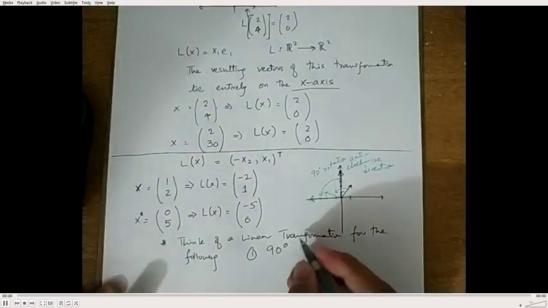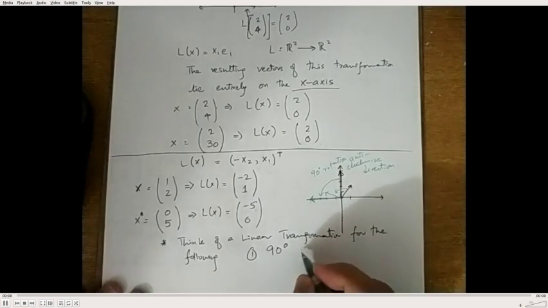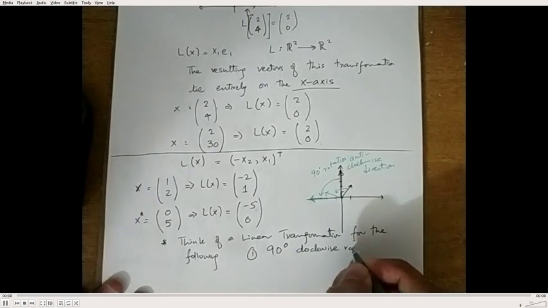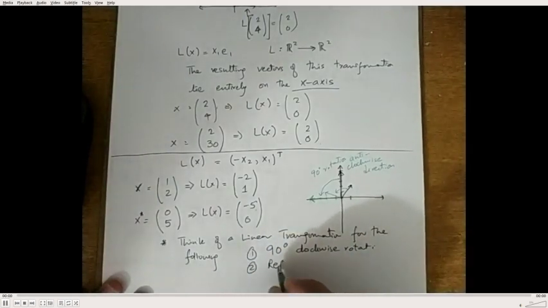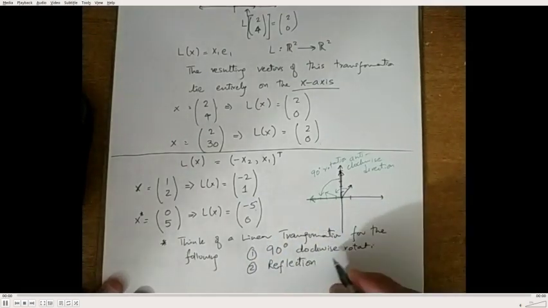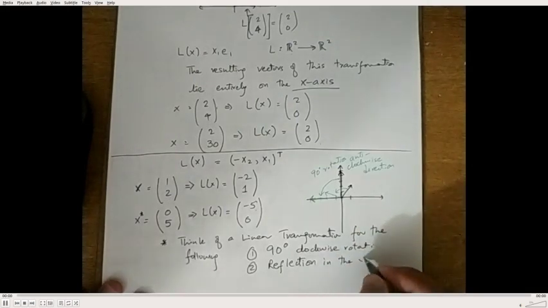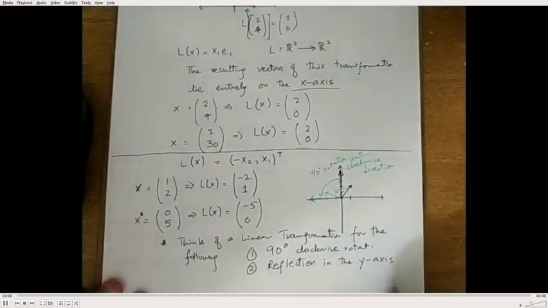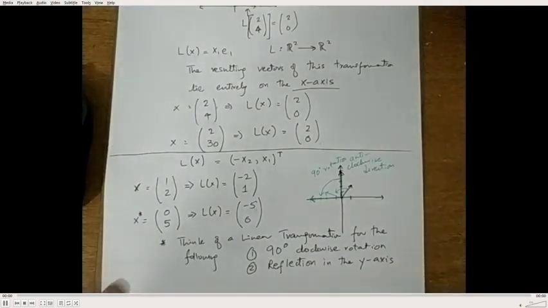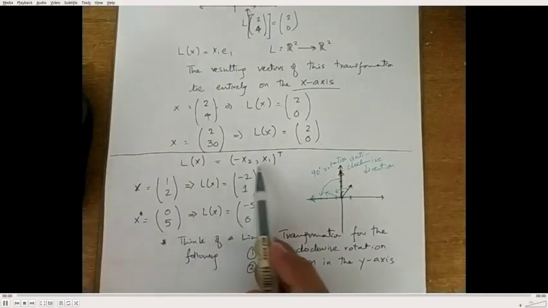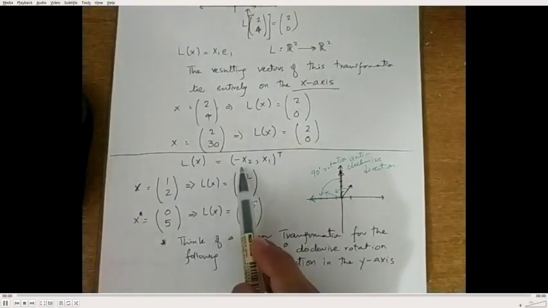I want you to think about a transformation that would give me a 90-degree clockwise rotation and a reflection. These are separate. And I also want you to think about how you can get a reflection in the y-axis. This should be easy. This should also be easy. Try out a few examples. Try putting a negative sign here, try putting a negative sign here, or maybe on both sides, and see what you get.